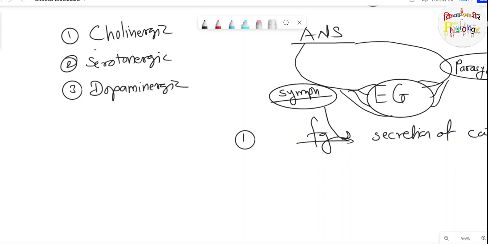Acetylcholine, serotonin, and dopamine are actually neurotransmitters. The sympathetic or parasympathetic nerve which innervates the endocrine gland secretes this neurotransmitter at its end, which alters the secretion of the endocrine gland. So endocrine glands can be divided into these three types according to the neurotransmitter: cholinergic, serotonergic, dopaminergic.